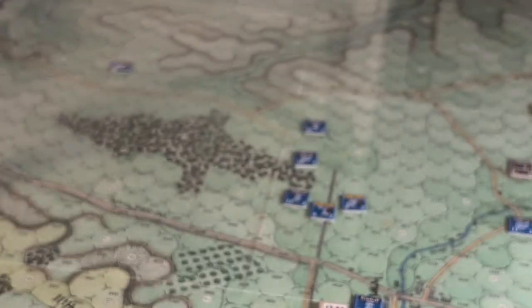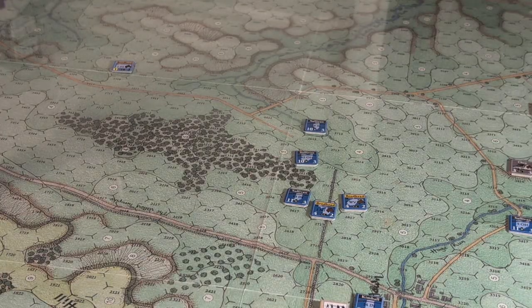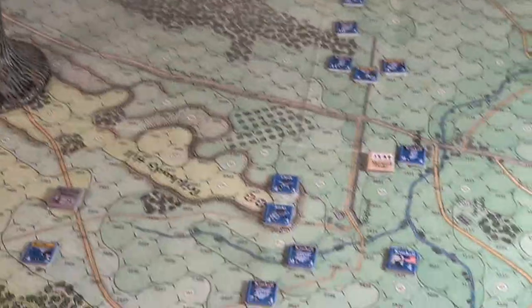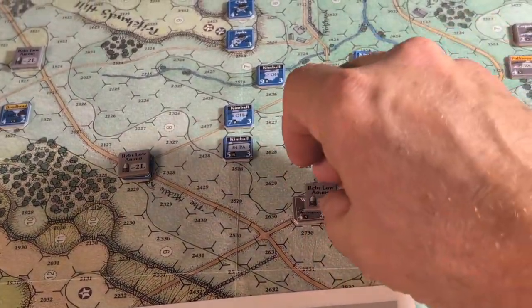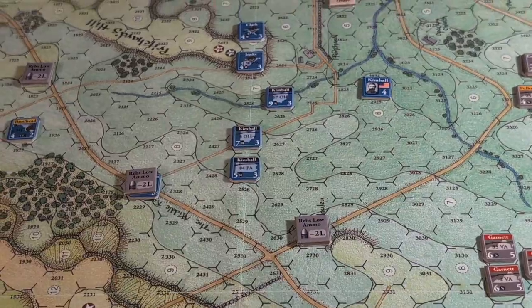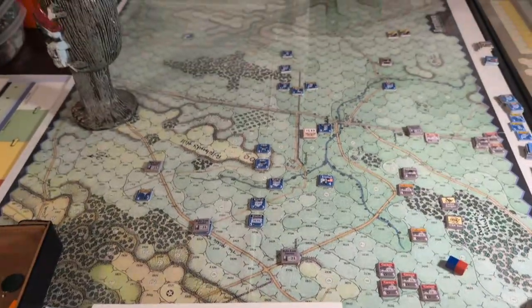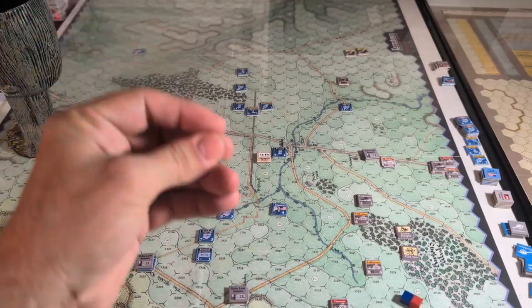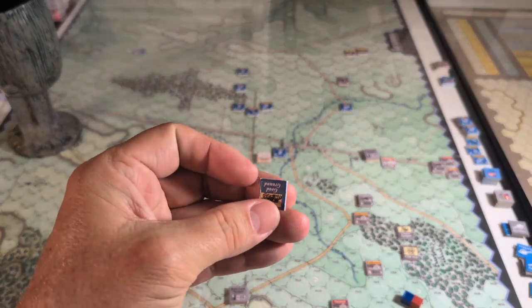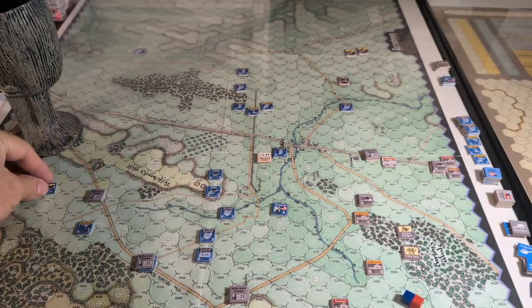CSA low ammo. So we put low ammo on Waters over here. Right here. Waters. Low ammo. Good ground. Okay.